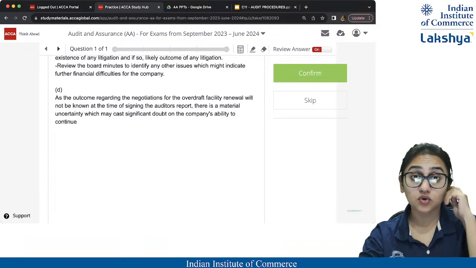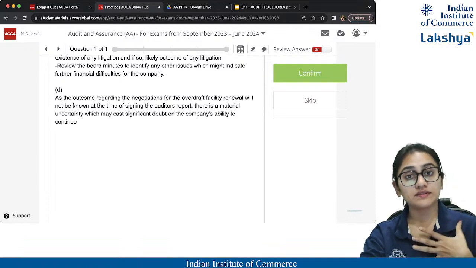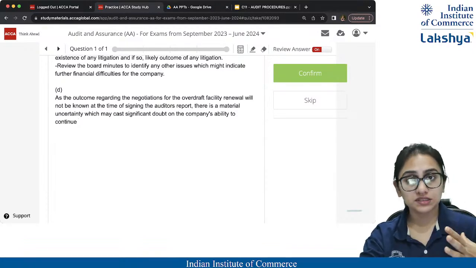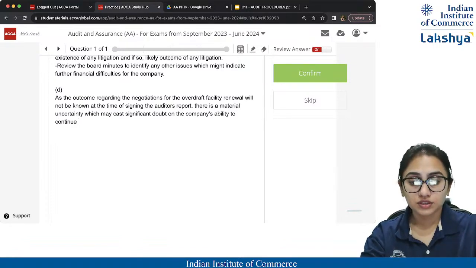Because if the bank does not renew the overdraft facility, it will be difficult for us to carry on the business because we don't have that much cash flow with us. So continue as a going concern.